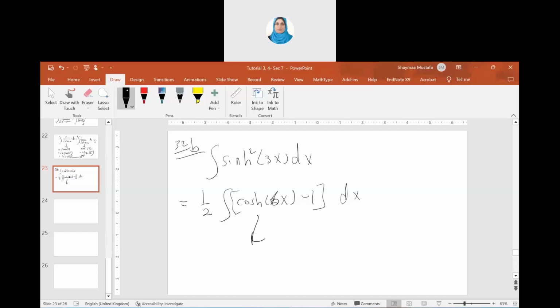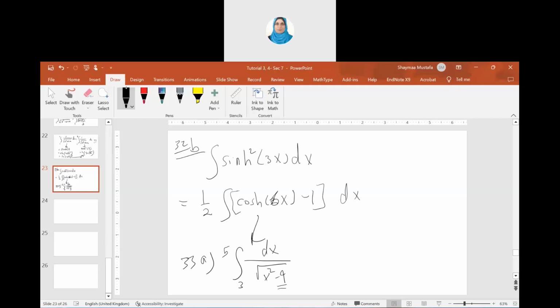33a is a direct one. You need just substitution. We solved a similar one in the class: dx over the square root of x squared minus 9. Here the problem is the 9.